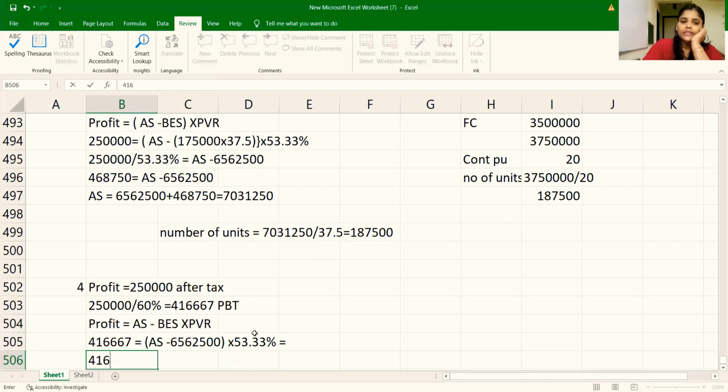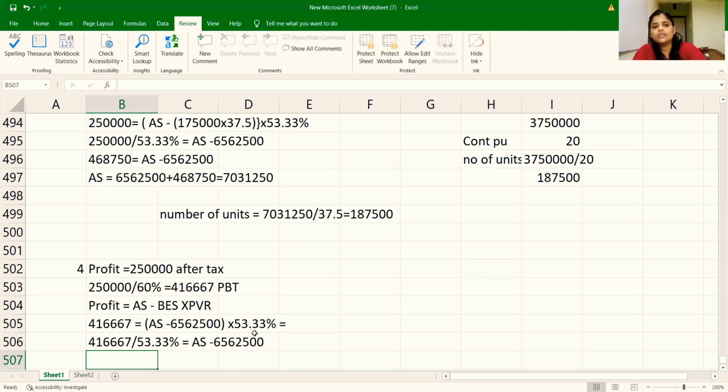So it will be 4,16,667 divided by 53.33%. So here you're getting 7 lakh 81,250 is equal to actual sales minus 65 lakh 62,500.